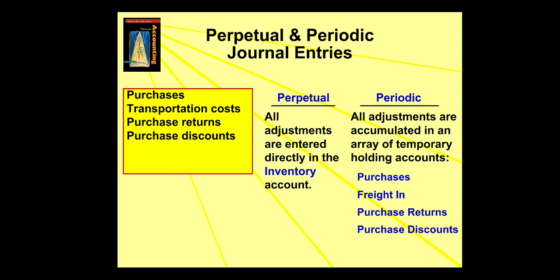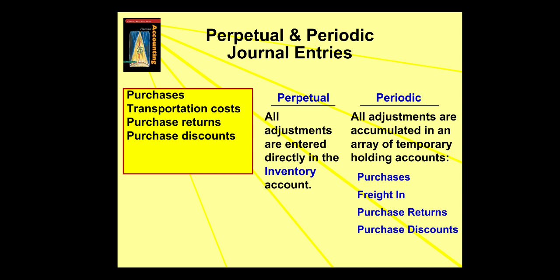The basic idea is, if you use the perpetual inventory system, you have to update the inventory account every time there is an increase or a decrease in inventory. It means that every time you sell something or purchase something for your business, you have to update your inventory account.